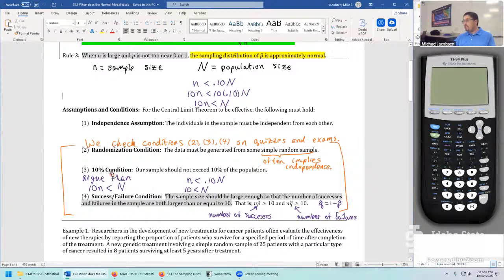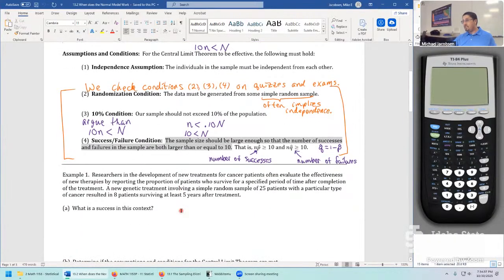So the thing we check is 10 times n should be less than the sample size, which we designate as the uppercase N there. Finally, the success failure condition is not too bad to check. In order to get an accurate normal distribution, we also require a large enough sample size so there's at least 10 successes and at least 10 failures in the sample.